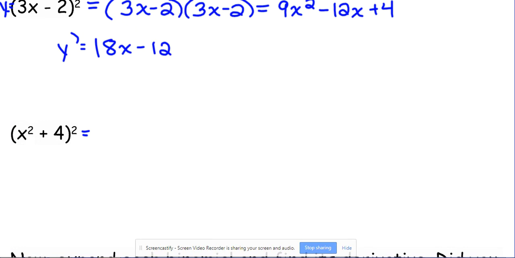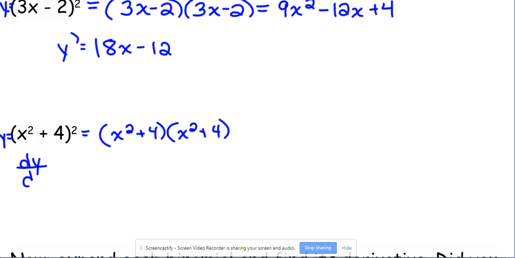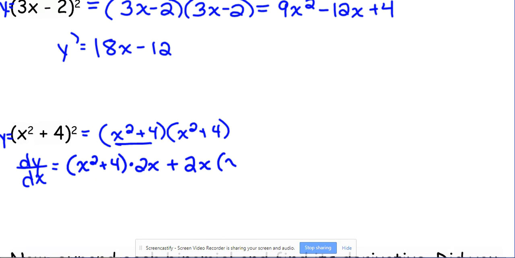So we write this twice: x squared plus 4 times x squared plus 4. If we use the product rule, again, I'm going to call this y, and let's just use our dy over dx notation. So here's our first: first times the derivative of the second plus the derivative of the first times the second.